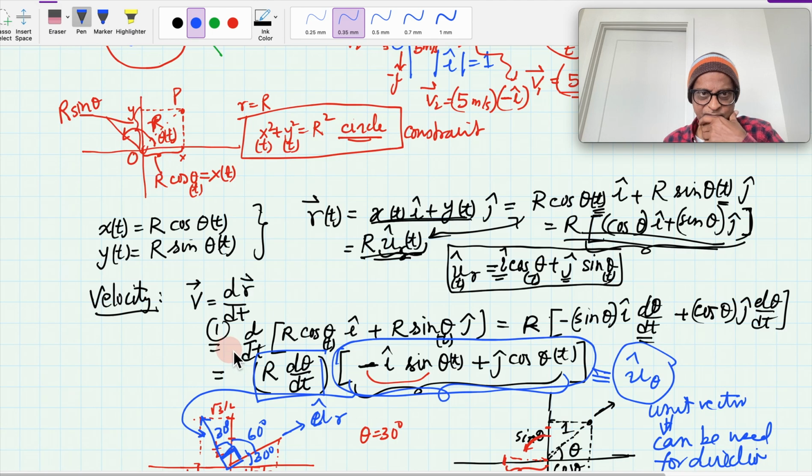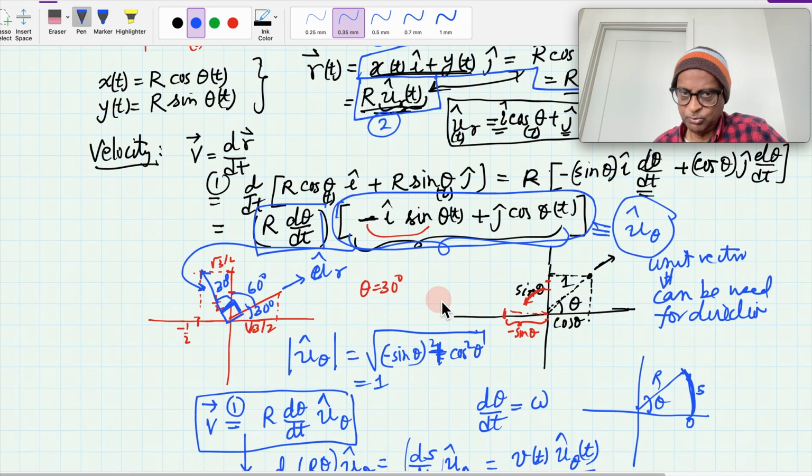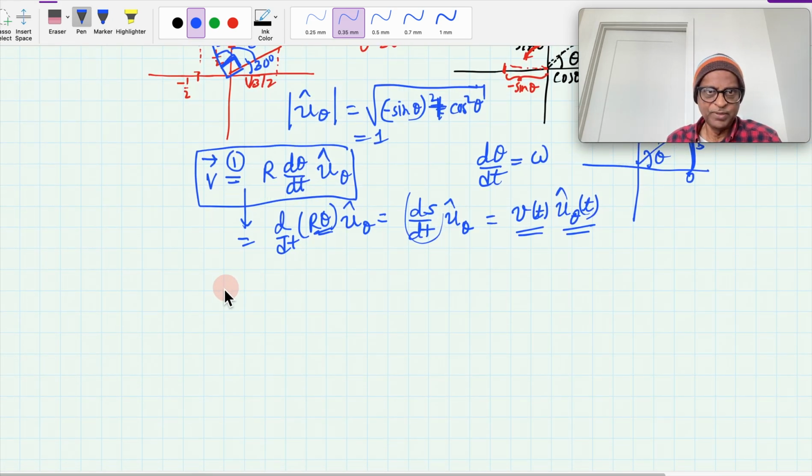So using path 1, through this way of thinking of the position. Now let's look at the other way of thinking of the position. This should give me the same velocity, right? So using 2, this should be equal to d dt of r u hat of r.